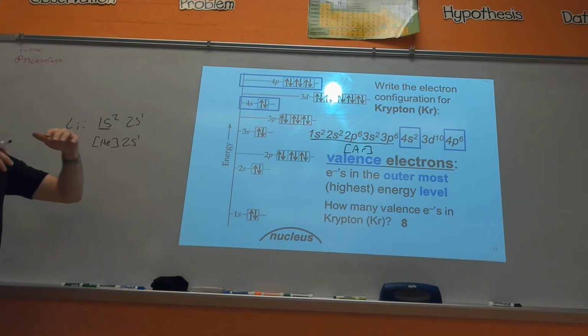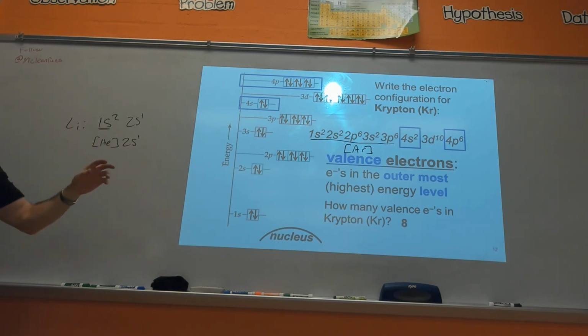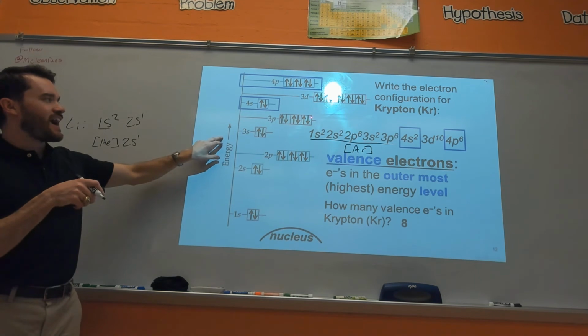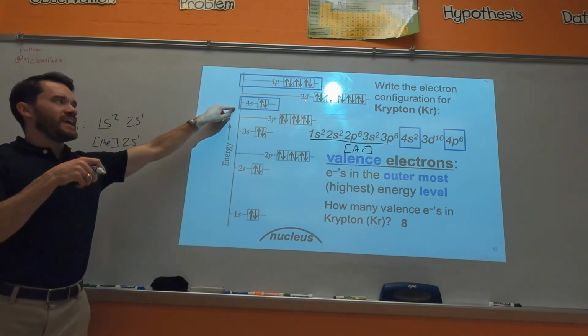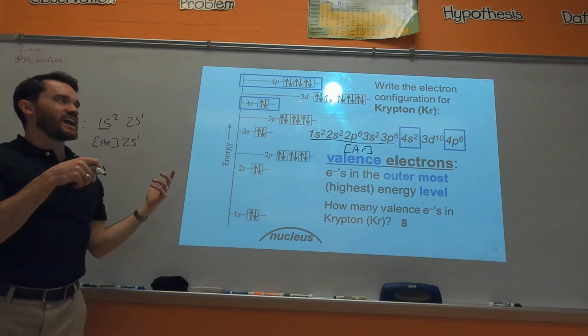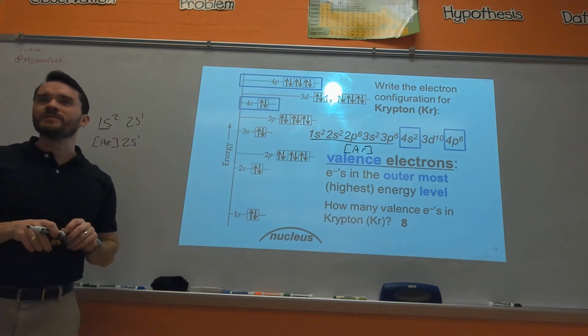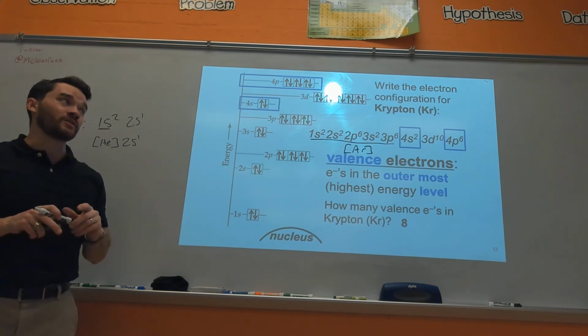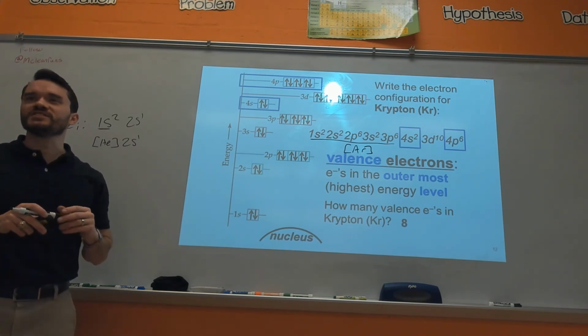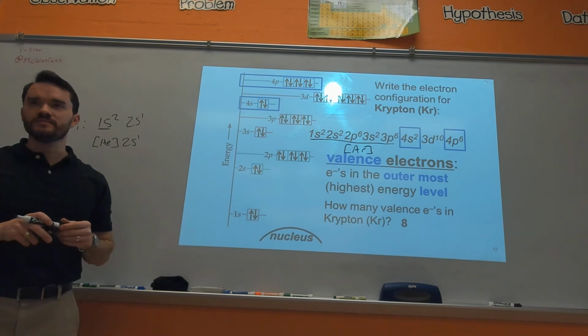But these electrons have higher energy than in the 4s. So it's just kind of a quirky thing that happens with the transition elements. I can't really think of a better way to describe it, or I don't even fully understand beyond just that it's always one behind. That's for every one of them.